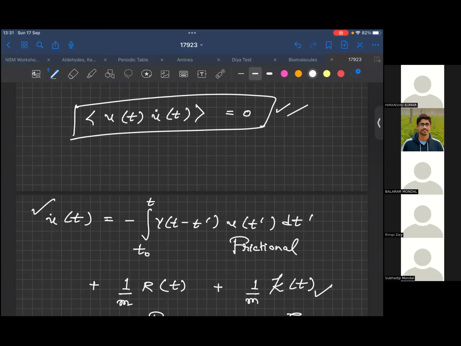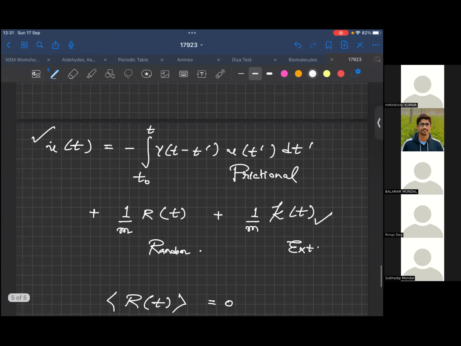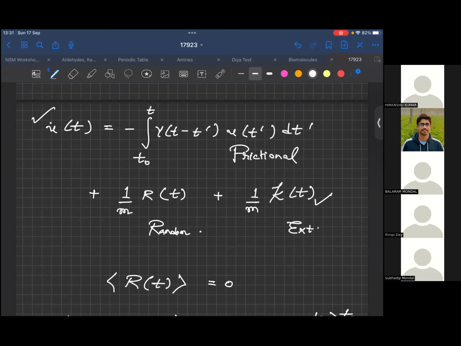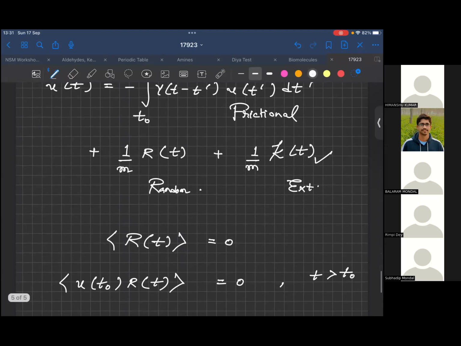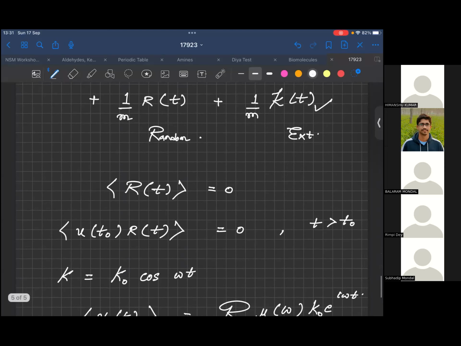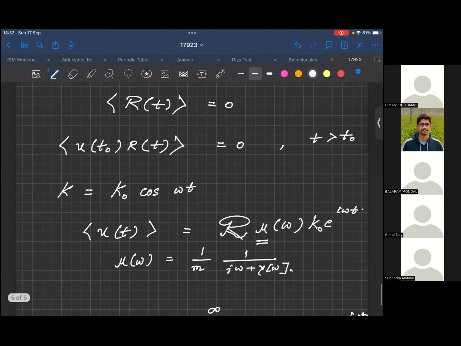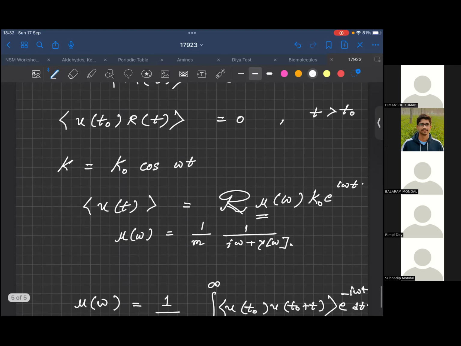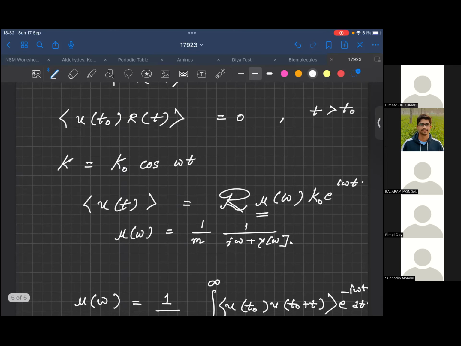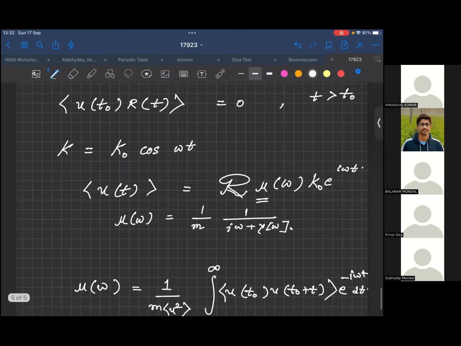Scroll down. So basically mu omega is the mobility, right?